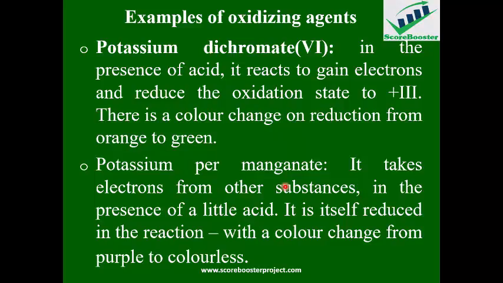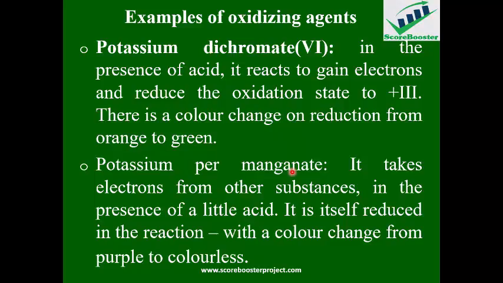Another one is permanganate, potassium permanganate. If it takes electrons from other substances, it is reduced and the color changes from purple to colorless. Potassium permanganate used to be in the 7 oxidation state before the reaction, and permanganate is purple in color.